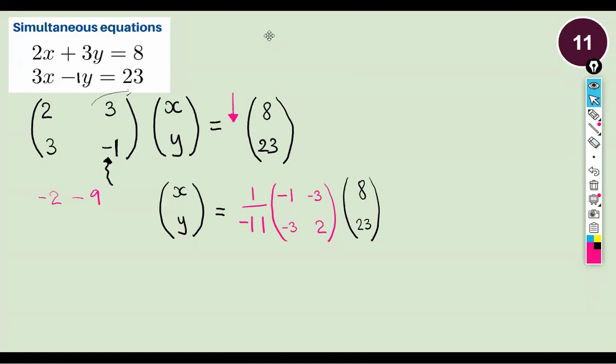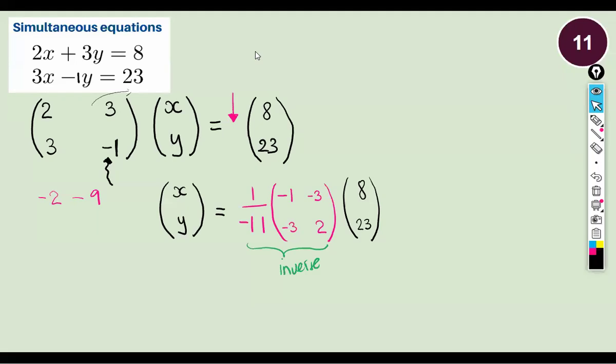So everyone's supposed to at least get it from here. The 23 swings up to the top, and the 8 goes here and the 23 goes here. So the 8 and the 23.